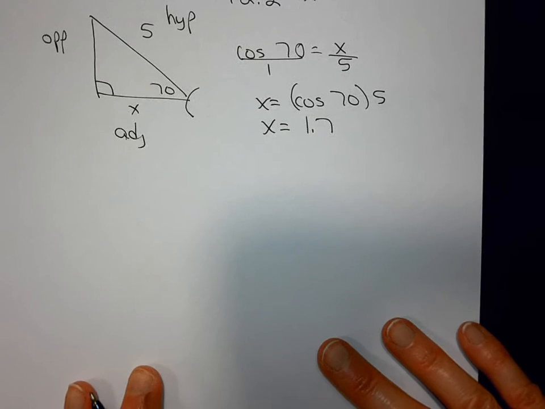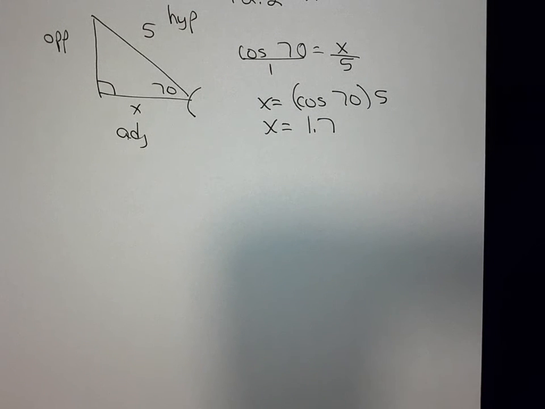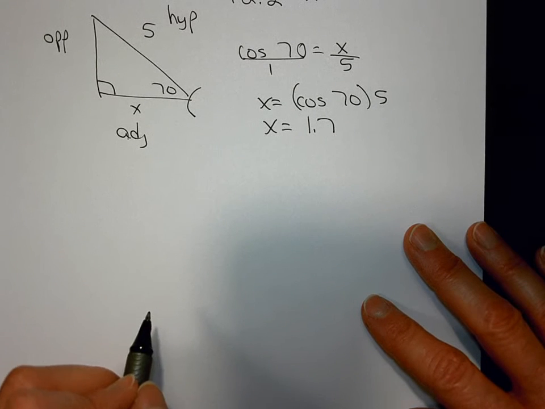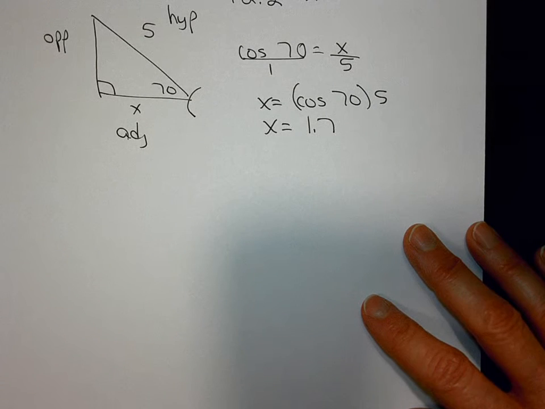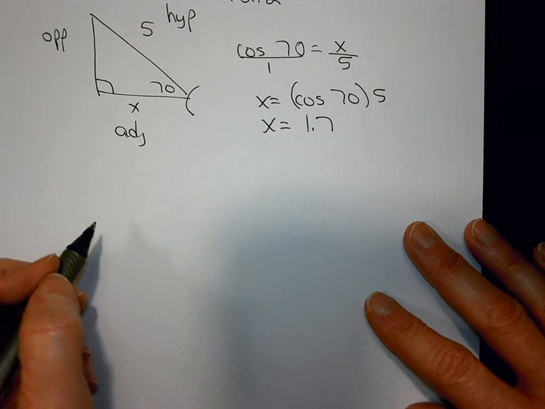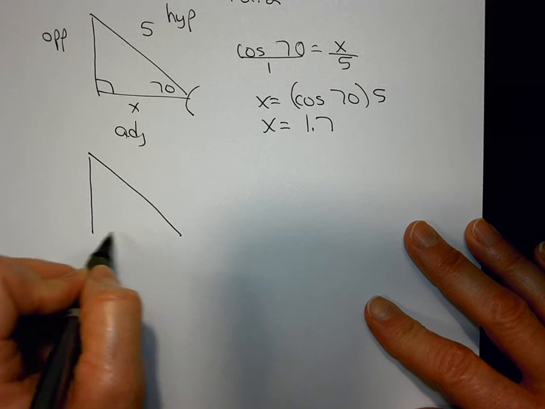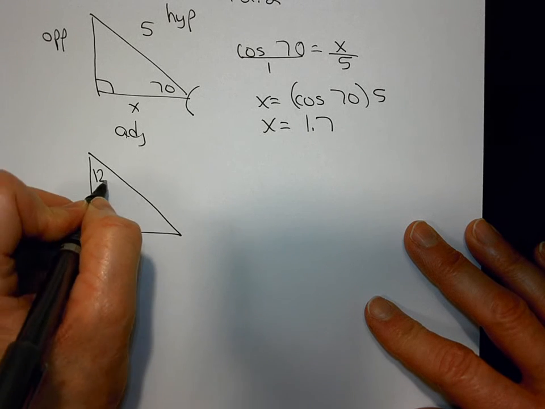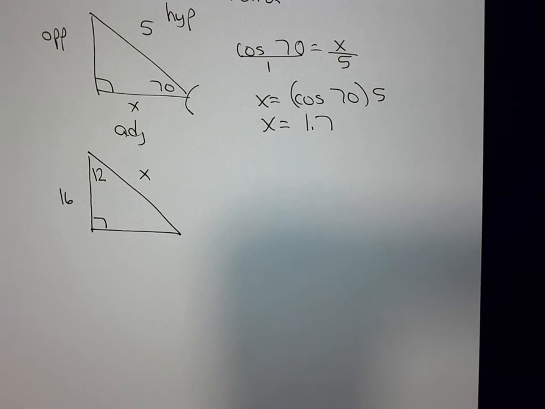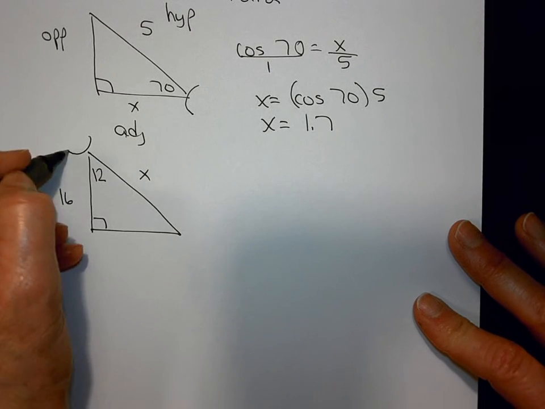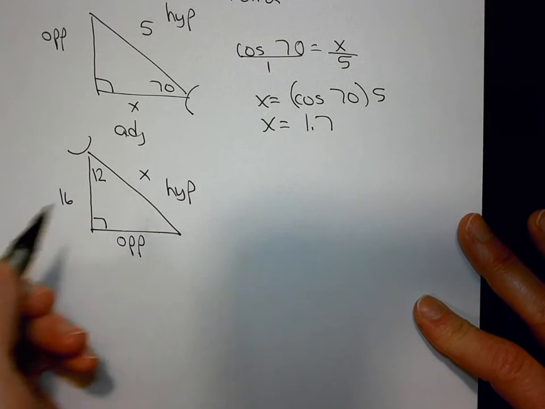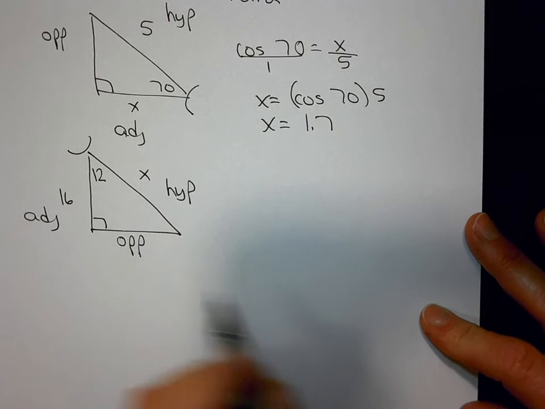Okay, so cosine again. Let's do this one. Okay, so there's our example. So our angle we're standing on, opposite, there's nothing there. Hypotenuse is always across from the right angle, and adjacent is the leftover.